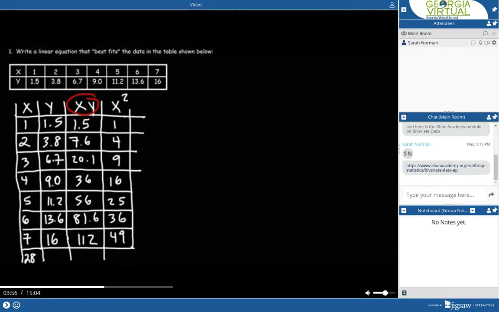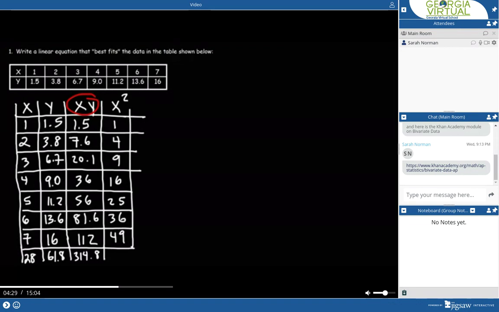So 1.5 plus 3.8 plus 6.7 plus 9 plus 11.2 plus 13.6 plus 16. So that's 61.8. Now, let's find the sum of the xy values. So 1.5 plus 7.6 and so forth, all the way to 112. If we add those 7 numbers, we're going to get 314.8.